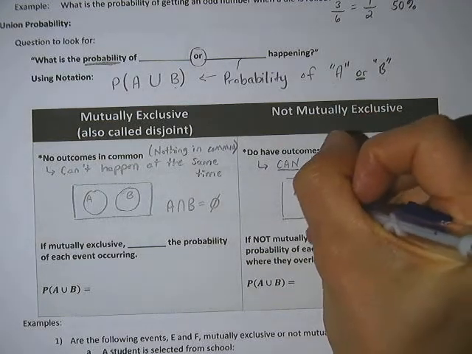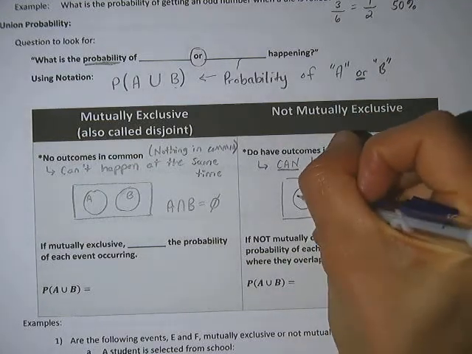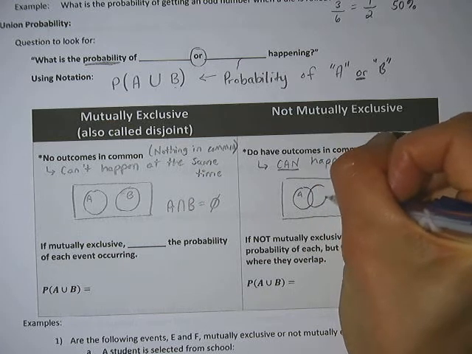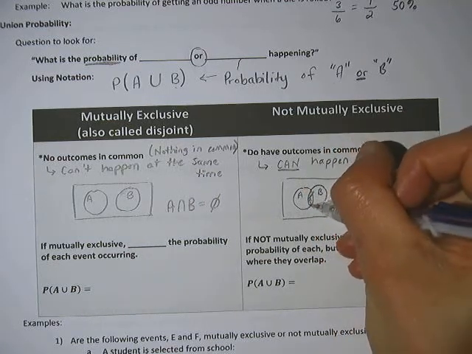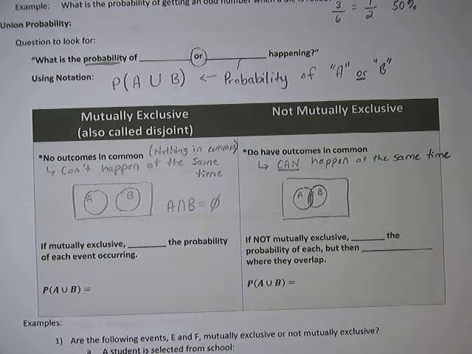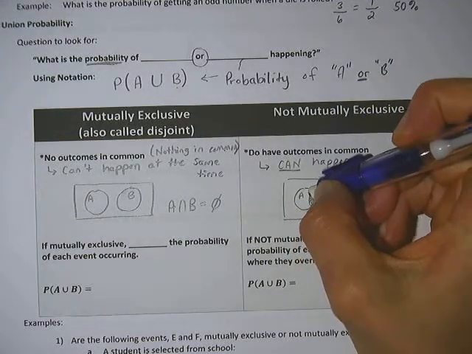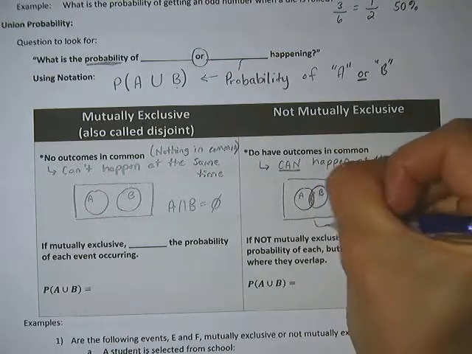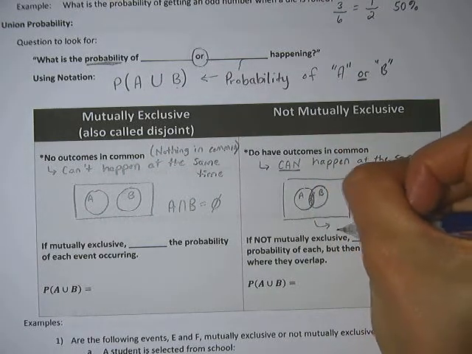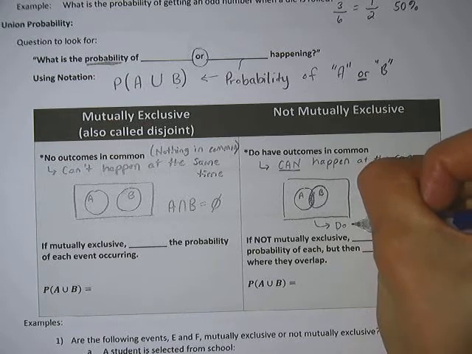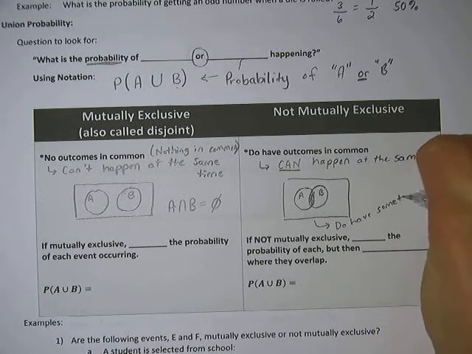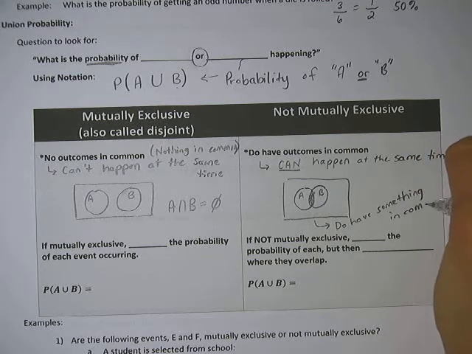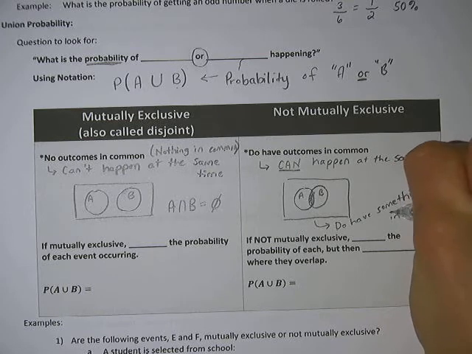And so the Venn diagram, they would have that overlapping part. Okay, and so you would have to consider that part where they overlap, where they have something in common. Okay, and so let's write that to the side. So they do have something in common. So they would have an intersection.